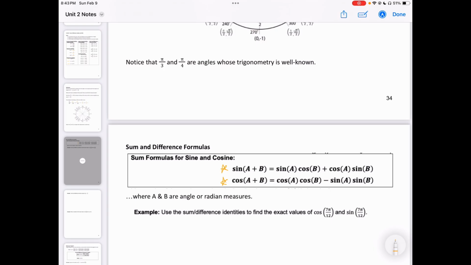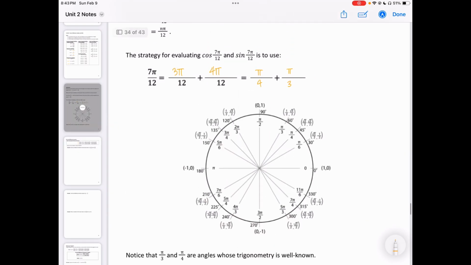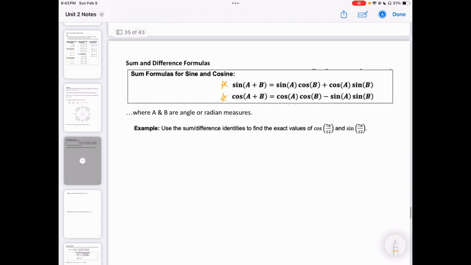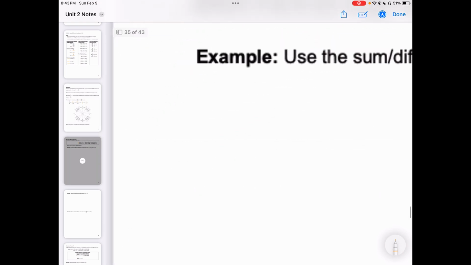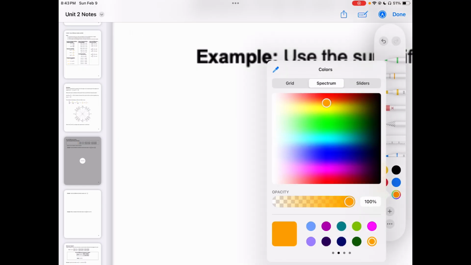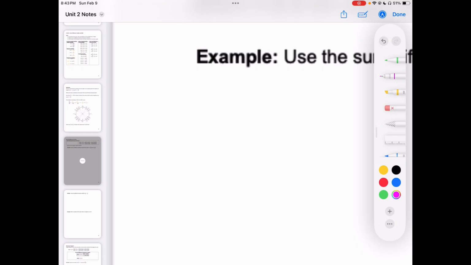So let's start by using 7 pi over 12. We've already figured out from earlier that we can use pi over 4 and pi over 3. I'm going to go ahead and zoom in here because we're going to need some space. I will go ahead and start with cosine. I know that I can use pi over 4 plus pi over 3.